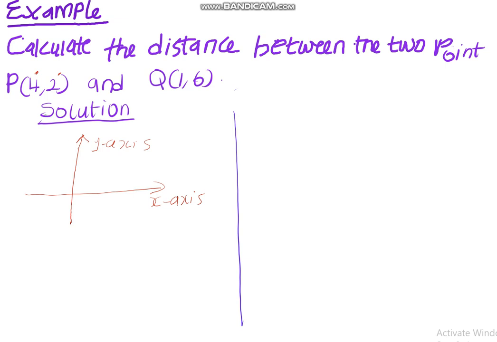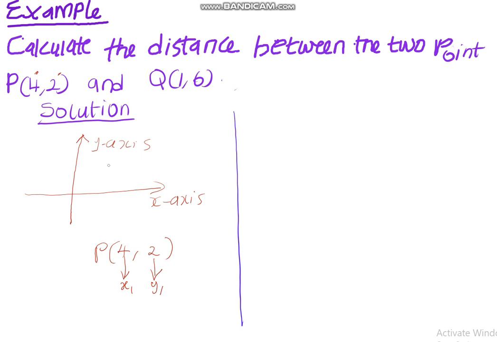from point P, which is P with the entry of 4,2, the first entry is coming from the x-axis. We call it the x1, and the second entry is coming from the y-axis, which we call y1.